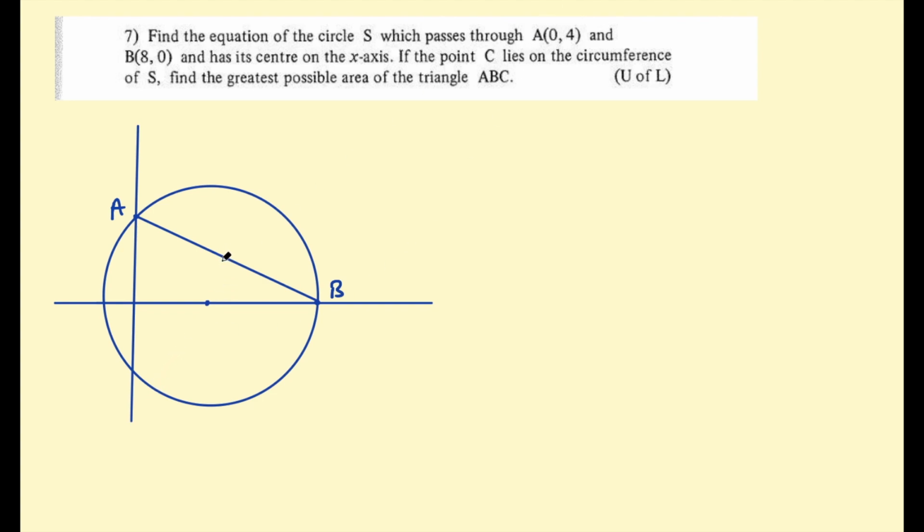So we're going to firstly find the midpoint of AB. That would be 8 divided by 2 is 4, 4 divided by 2 is 2. So we have that midpoint, (4, 2).